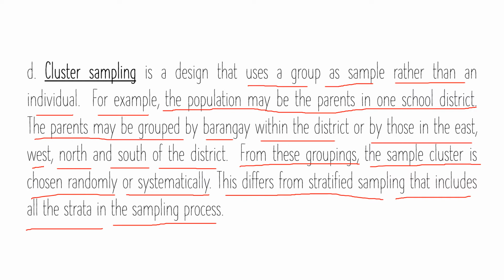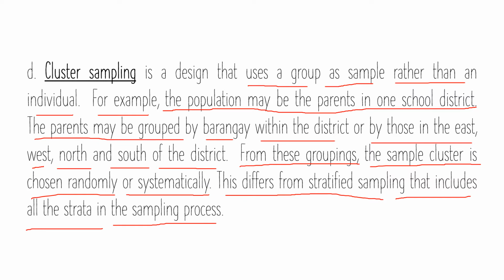But there is more risk of error in the sample, as there could be substantial differences between clusters. So if there are differences between clusters, there is more risk of error in the sample.